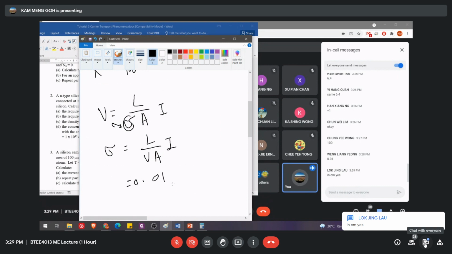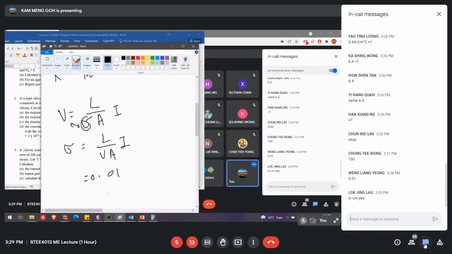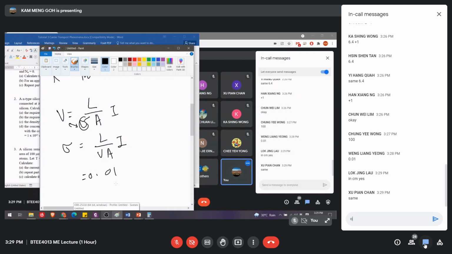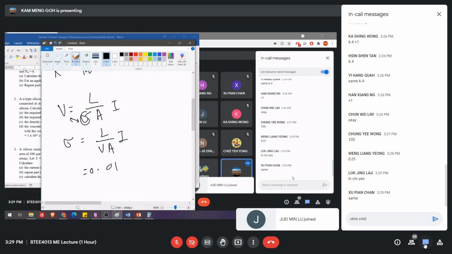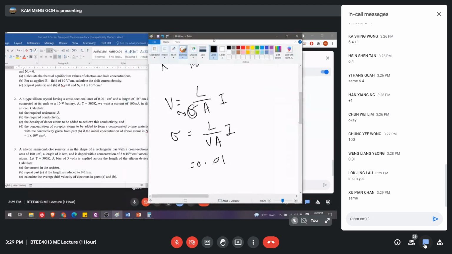In cm, yes. Okay, what about the rest? So everything calculated here should be in cm. Any other objection? Okay, so I believe the answer should be 0.01.